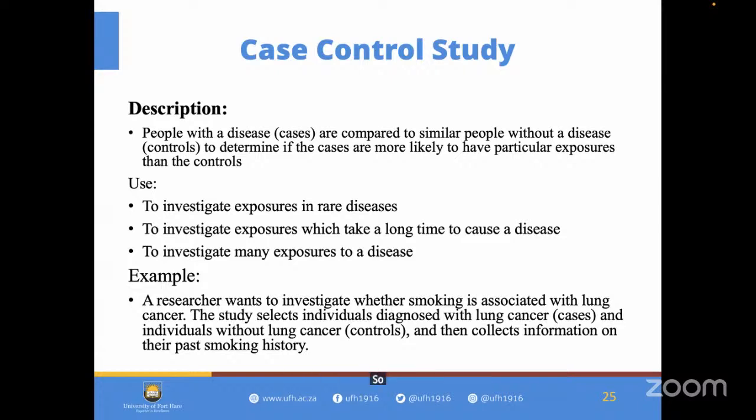So they are able to determine that smoking is actually an exposure for lung cancer. And there are also some instances whereby in your control, 10 of them don't have lung cancer, but they are also smokers. We will get to that when we talk about chance, bias, and confounders in study design.